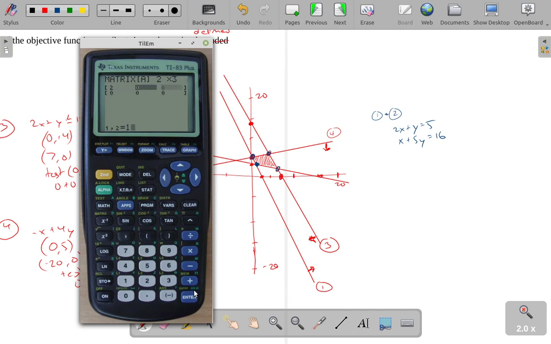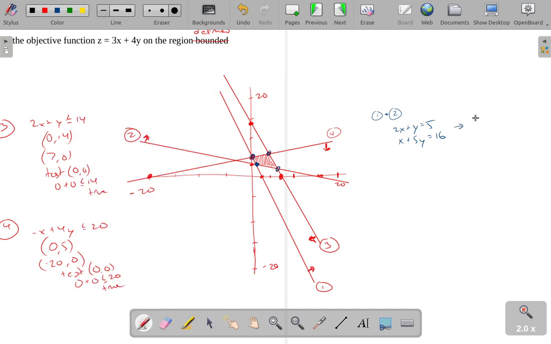I'll just enter my coefficients here and quickly run RREF on matrix A. We get the point 1, 3. So that's this point. That's one of our corner points.